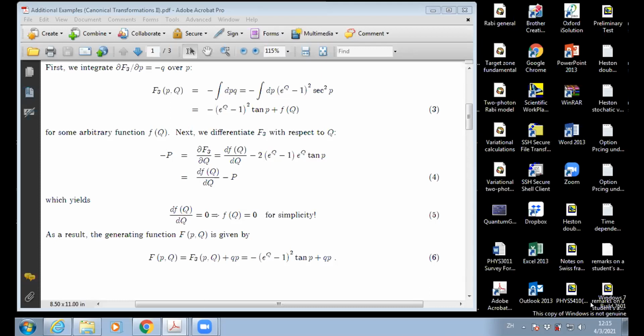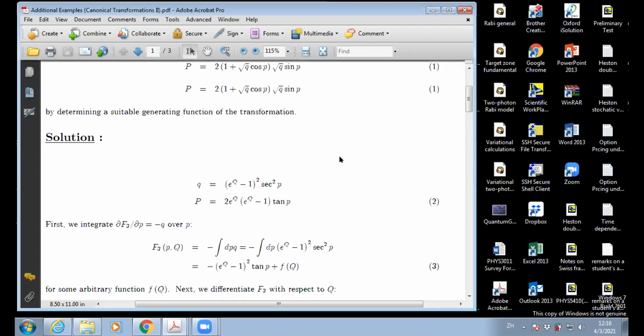Can you see the point? I see. But how are the transformations found in the first place? This is a good question. So you have to think out, you have to find a suitable transformation.